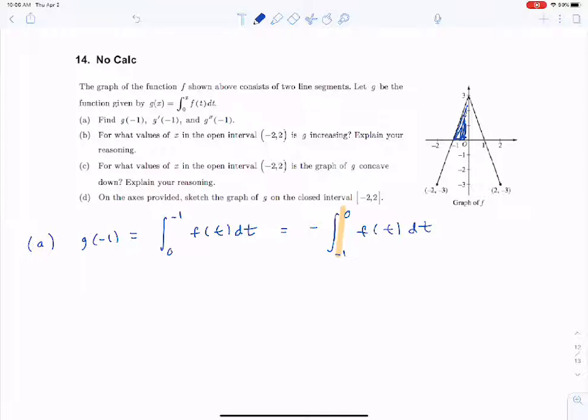And there is a question coming in. No, so the second fundamental theorem of calculus says if I take the derivative of g of x, we get f of x.